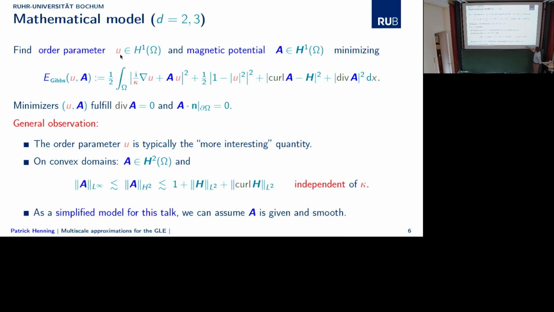And if I assume that A is given, then the last term here is constant, this curl and this divergence term. So we can just drop it, because the constant will not change the location of a minimizer. So we just minimize for the first term with respect to u, and that will make things more readable, I think.